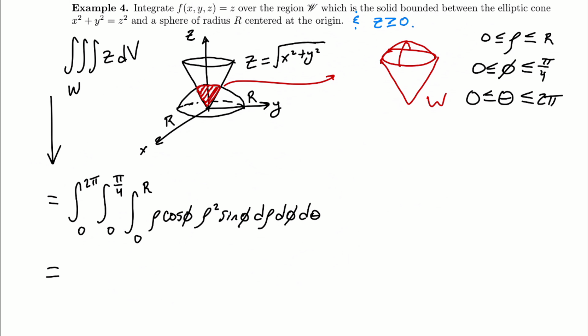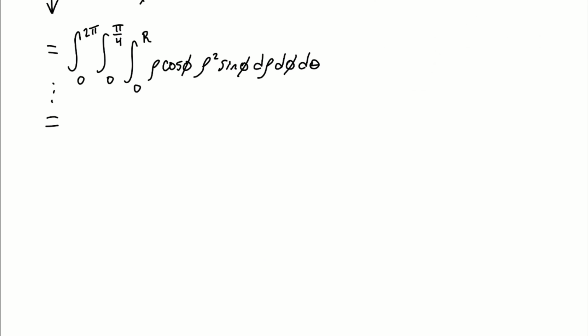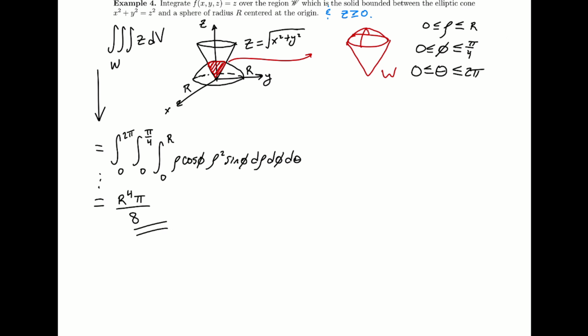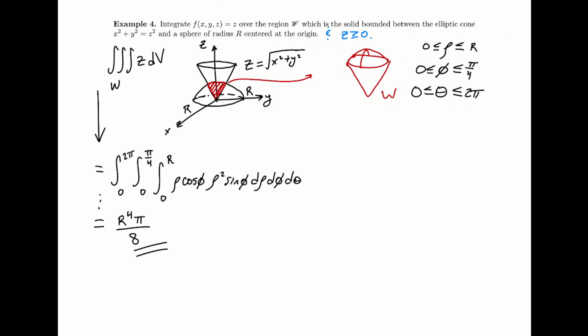So at this point, we'll just leave it set up like that, and then there's some work, and the answer here should be R to the 4th pi over 8. And that's the answer there. Okay, that's the last spherical coordinates example.